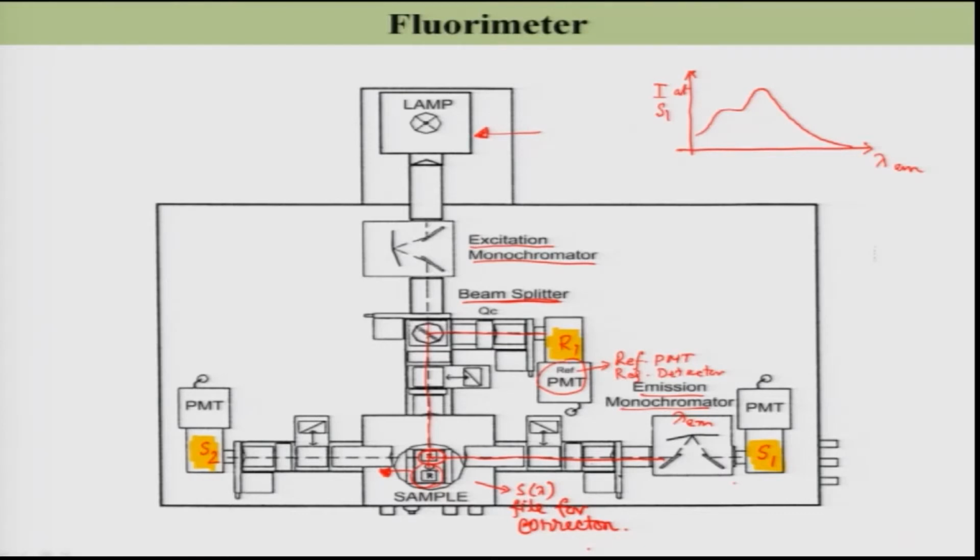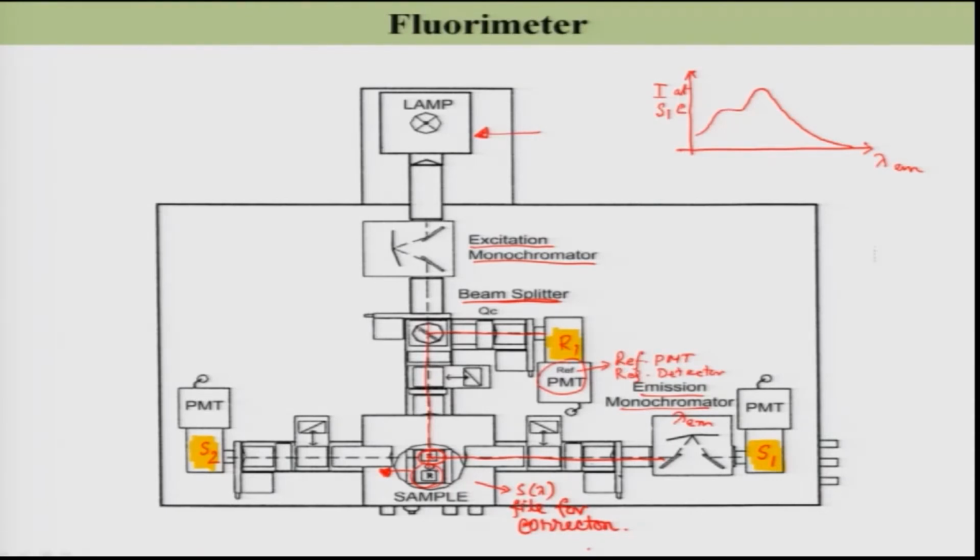So, you will immediately get the corrected intensity at each wavelength, right. So, better not to plot S1 by lambda emission, but S1C by lambda emission. Let me delete here. So, let us plot S1 into C, the intensity multiplied by the correction file, S1C.